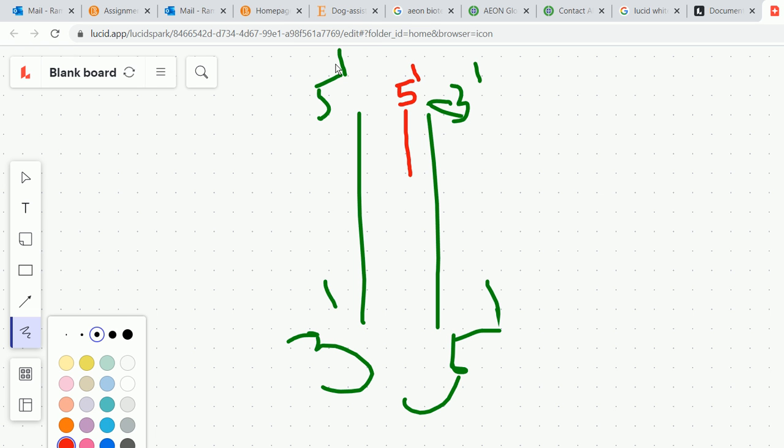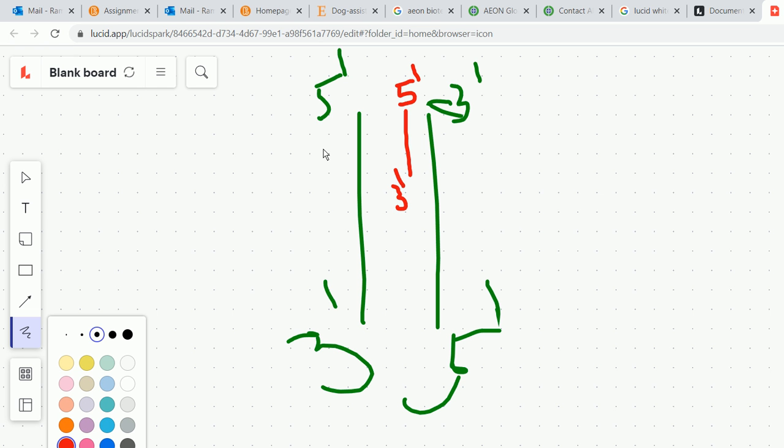Remember that this is a process of making 2 strands of DNA. The 2 strands of DNA will be antiparallel, because this new strand is going to be a daughter strand, and these 2 strands are going to make a new molecule of DNA. So this is 3', the new strand will have 5' here, and this side will be 3'.